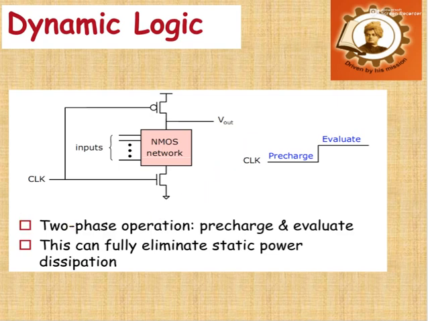Basically our dynamic logic circuit consists of a pull down network that realizes the logic function, exactly the same way as the pull down network of the complementary pull up pull down configuration. Here the pull down network is connected in series with two switches operated by a clock signal, as shown in the figure. One of these two switches, the clock PMOS, is known as the precharge transistor.